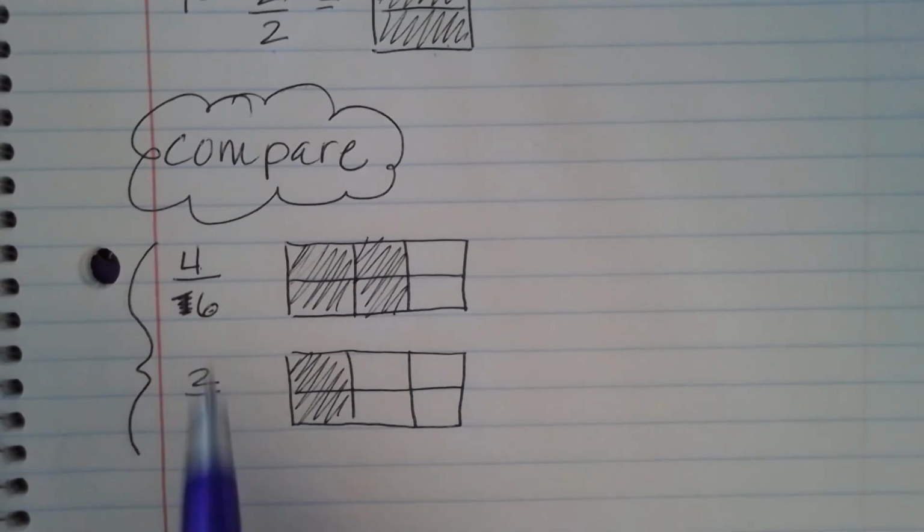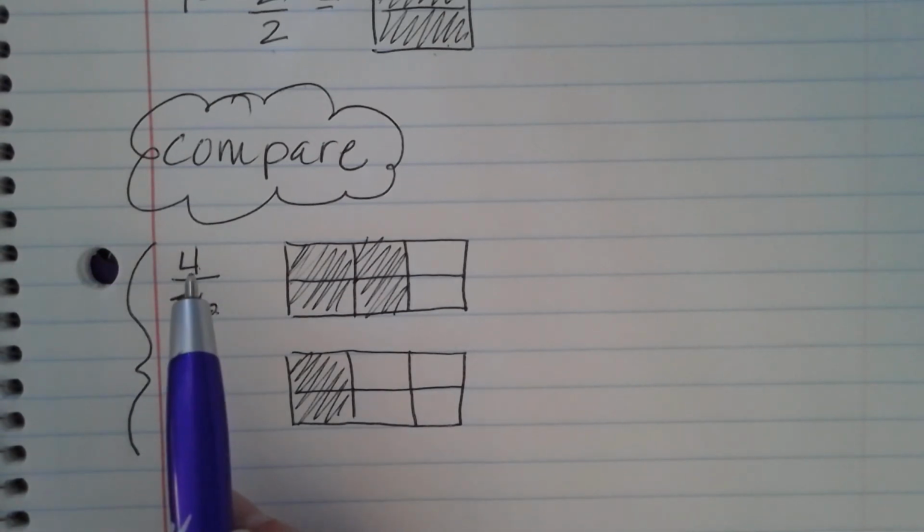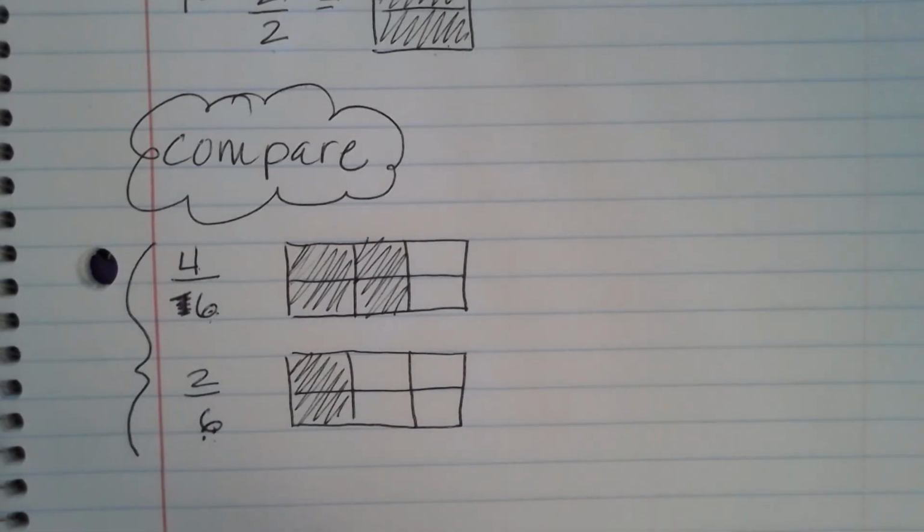We knew it because the denominators were the same. Those are always the easiest ones to compare, right? So first of all, if my bottom numbers, my denominators, are the same, all I have to see is that 4 is definitely bigger than 2. If I draw them, I see that 4/6 is way bigger than 2/6. Okay?